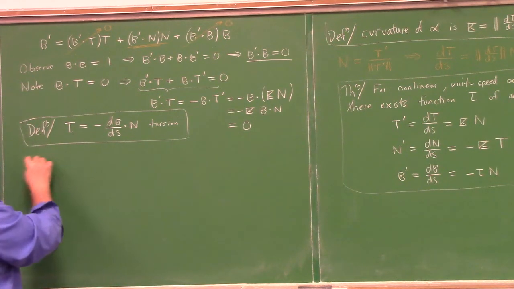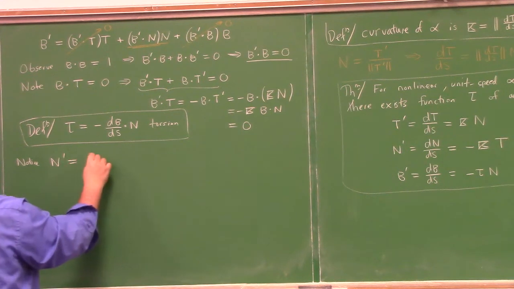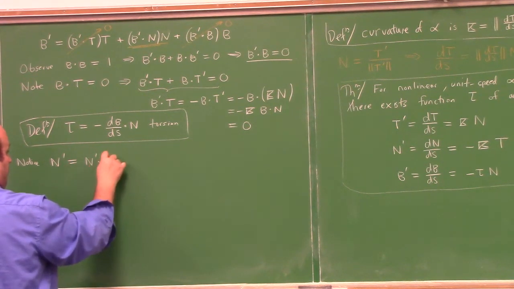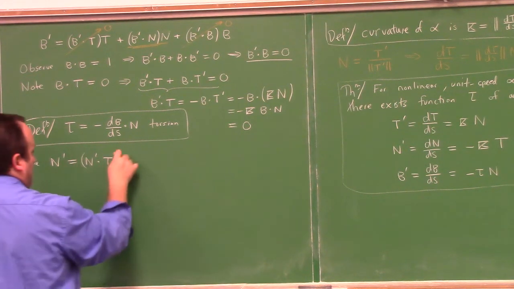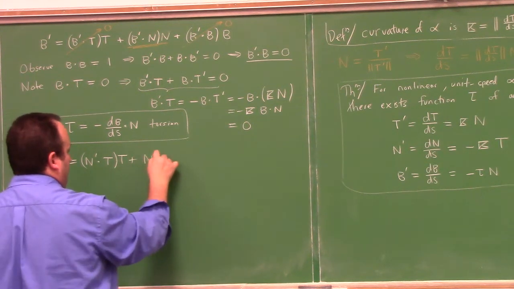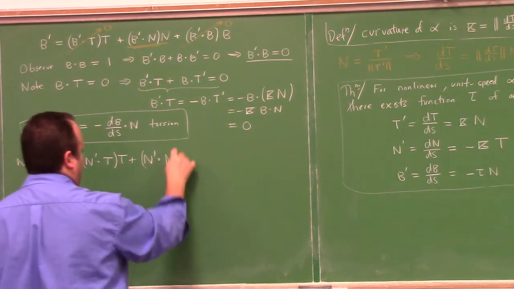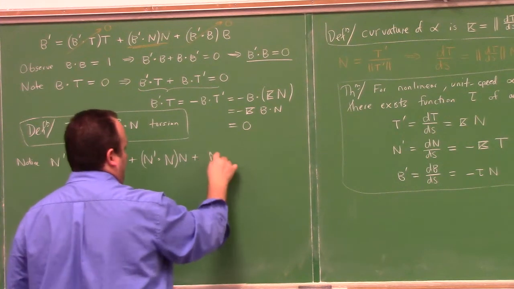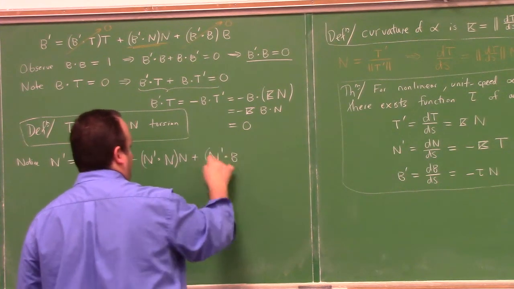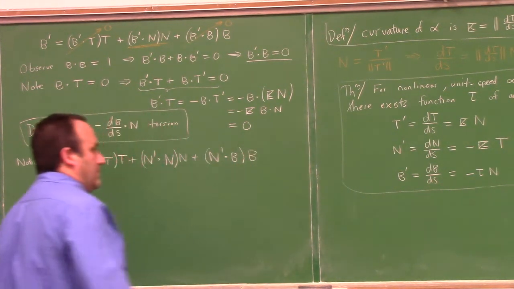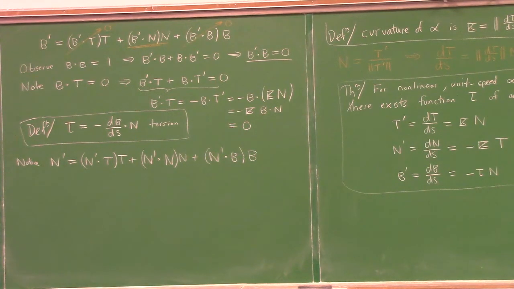So notice n prime is n prime dot t plus n prime dot n plus n prime dot b. Once again, we're using the fact that T, N and B form a basis for the vectors at the point on the curve we're looking at.